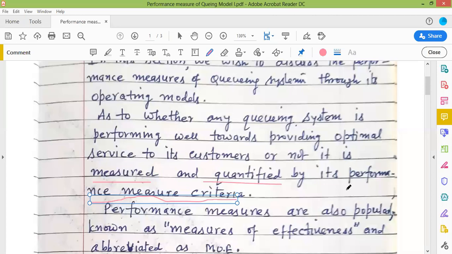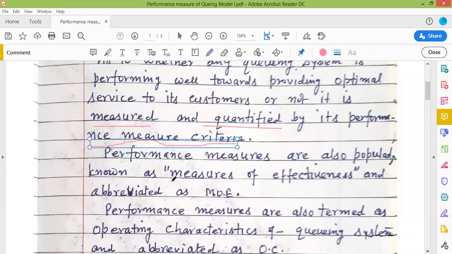So these names which I would like to show you here: one popular term is the measures of effectiveness, abbreviated as MOE. So one is MOE and another is PM.